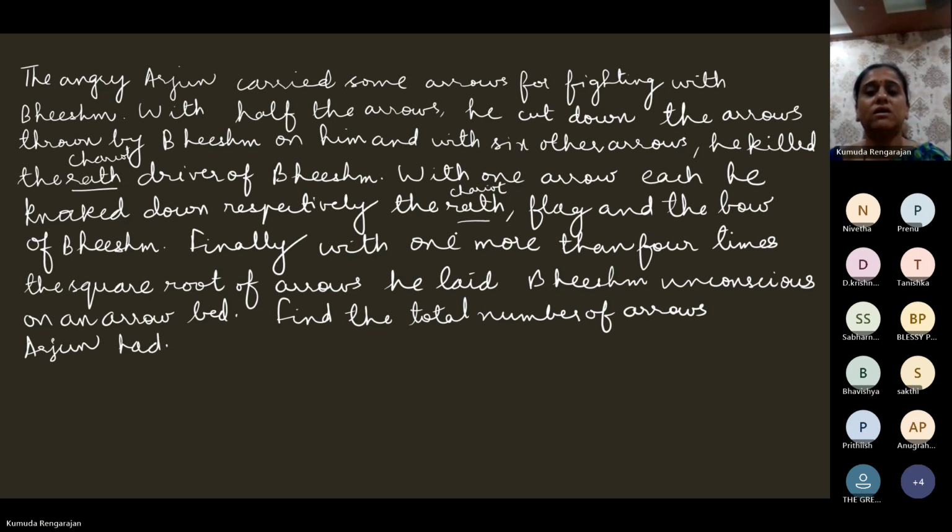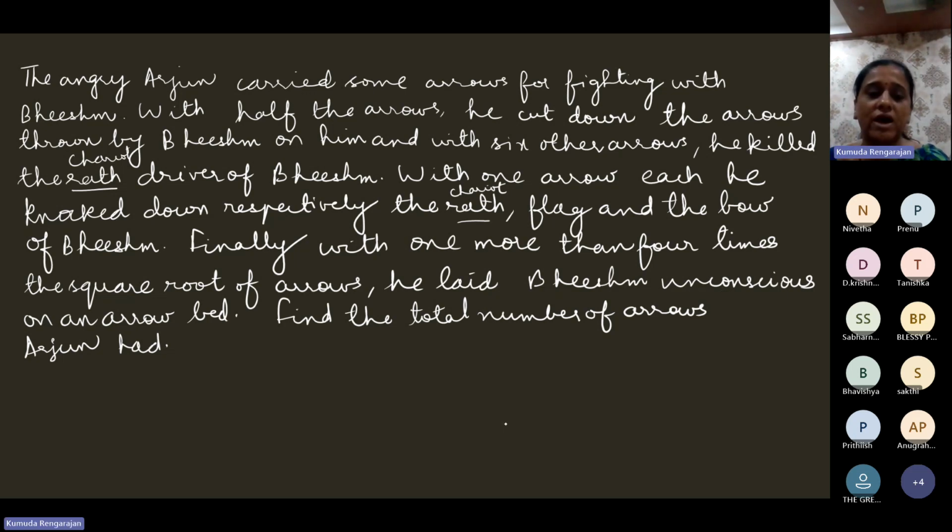With 1 arrow, he brings the flag down. And with another arrow, he knocks the bow of Bhishma. Finally, with 1 more than 4 times the square root of the arrows, he laid Bhishma unconscious on an arrow bed.